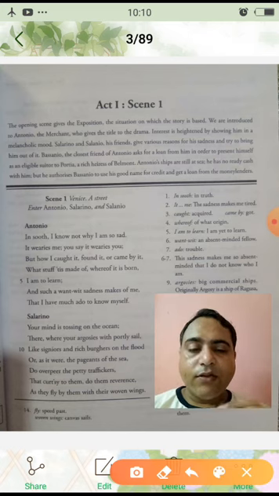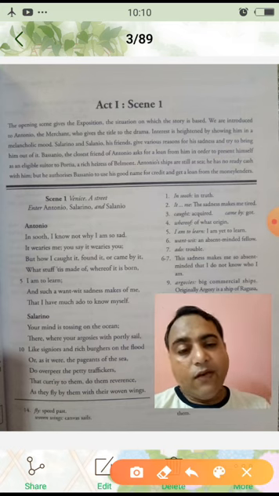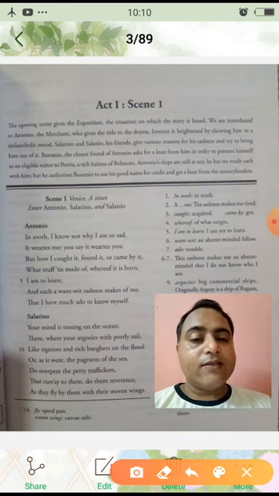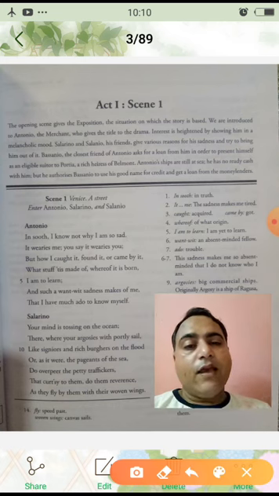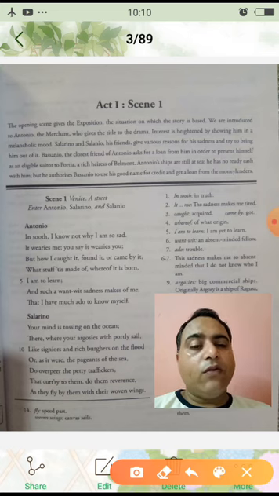That kind of character Bassanio has played: whenever he is in need of money, he goes to his friend Antonio and fulfills his desire. He does the same in scene 1: he goes to Antonio because he wants to present himself as an eligible suitor to Portia, a rich heiress of Belmont, so he asks for a loan.